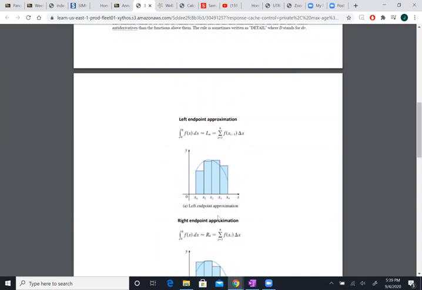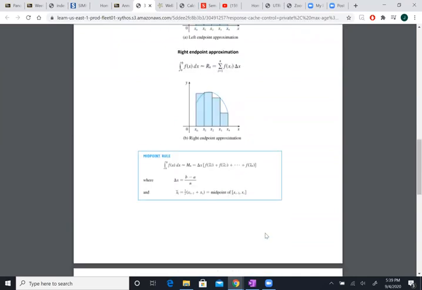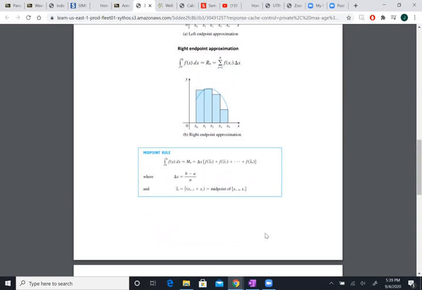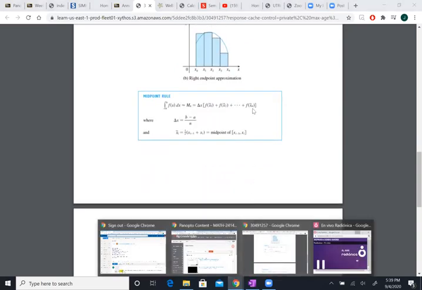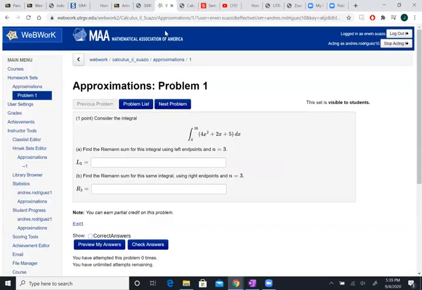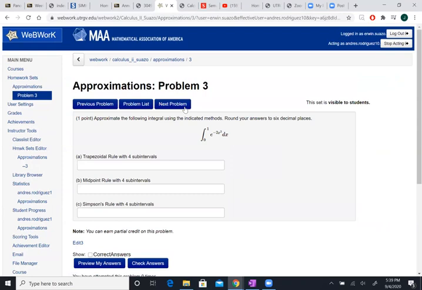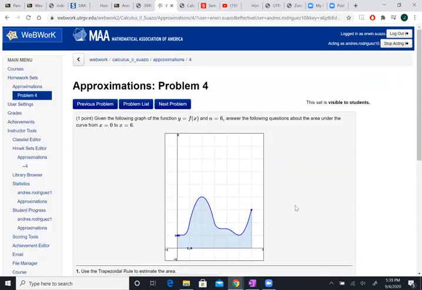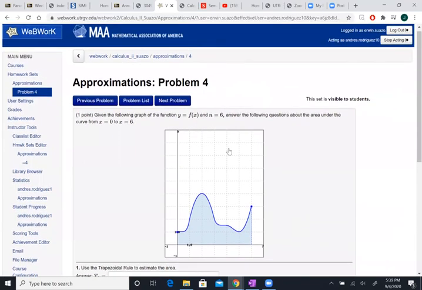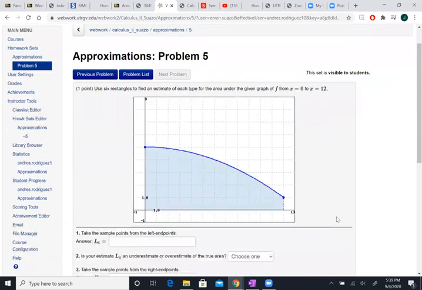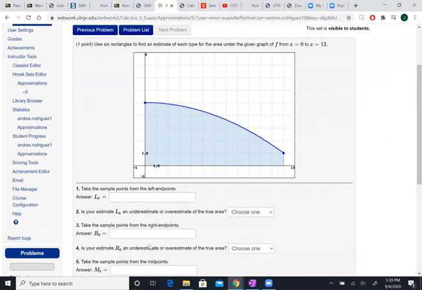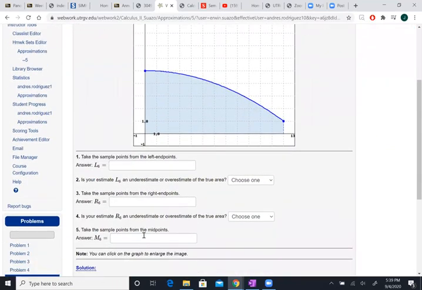So that's the formula, and this one should be fine. This one was probably a little more difficult. Three or four students emailed me about this problem, so that's why I solved it. The last one should be easier to do. This is left, right, and middle point.